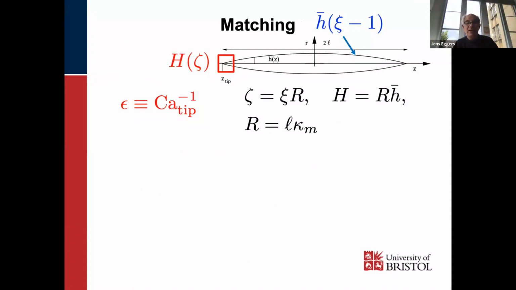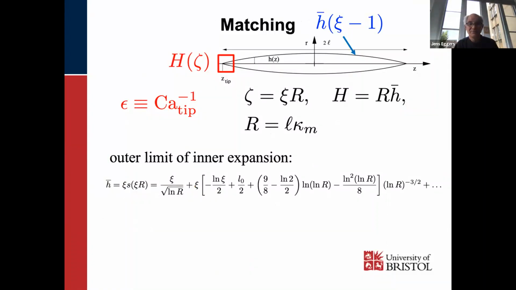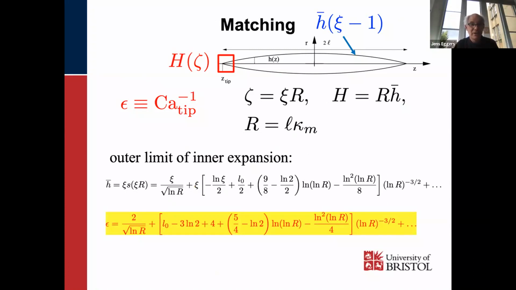In an asymptotic matching, you take the outer limit of the inner expansion. This is my calculation I've shown you. And you try to compare it to the inner limit of the outer expansion. And I require that the two give the same answer. So these are the two expansions, the outer limit of the inner expansion.